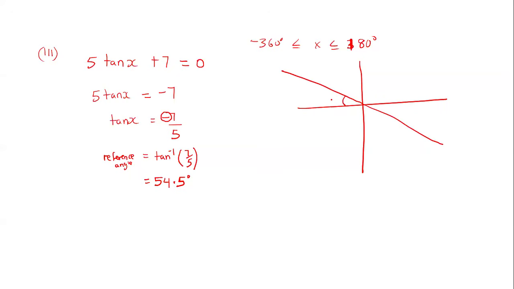So the 54.5 is going to be here and here. So what are the angle values we have? For the positive, we have 125.5, which is 180 minus the 54.5.